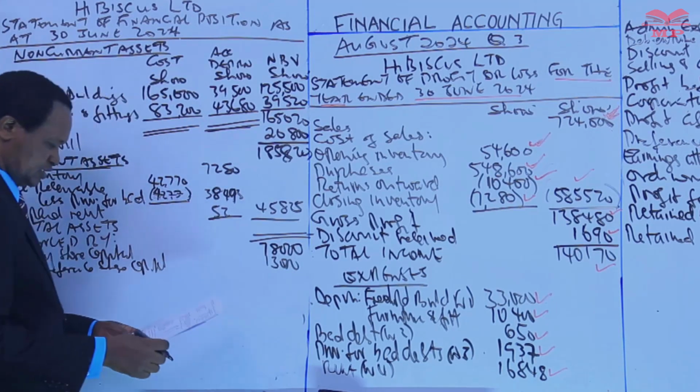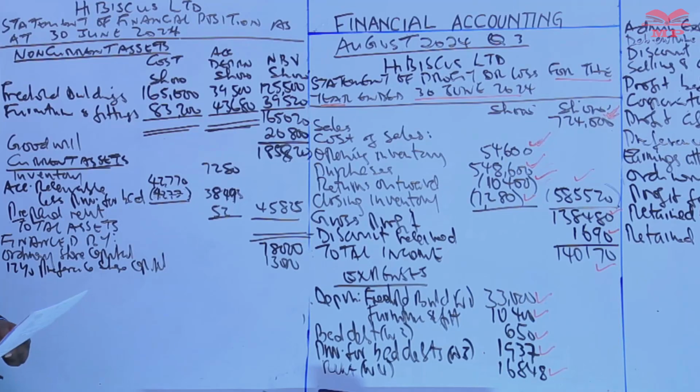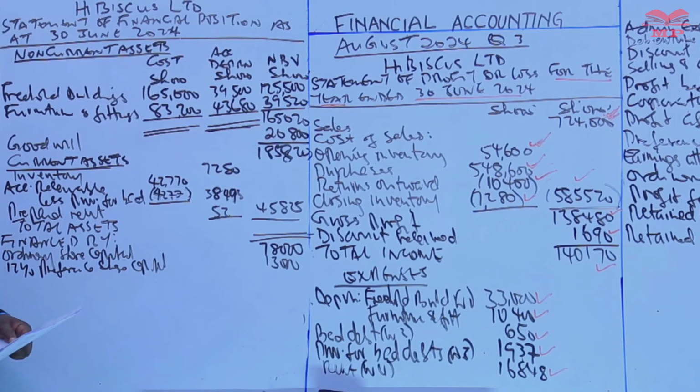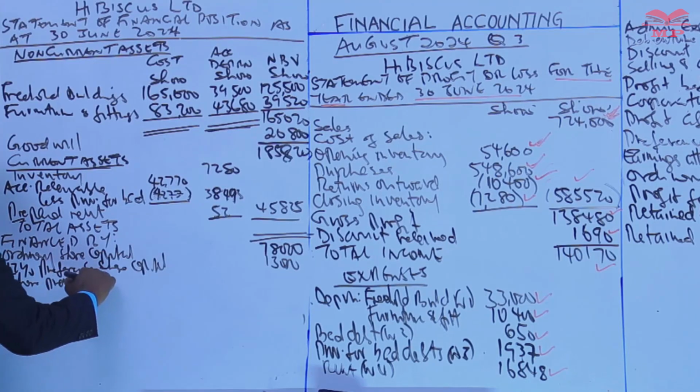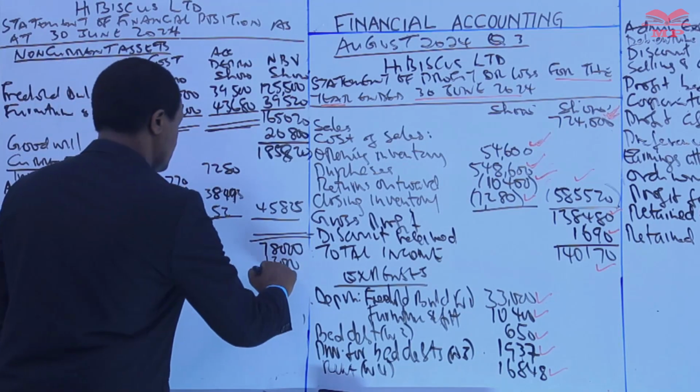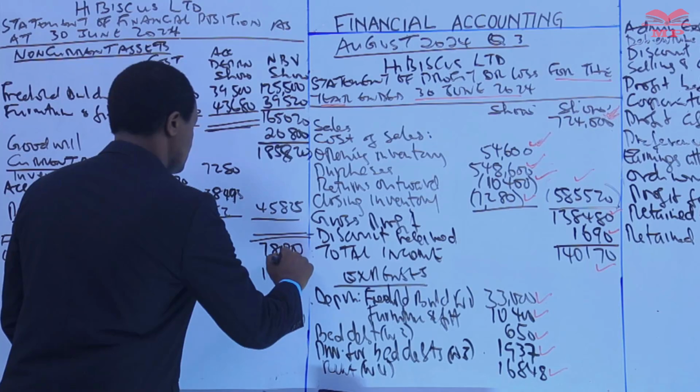Then we add the share premium. Do you see the share premium? The share premium is 10,400.